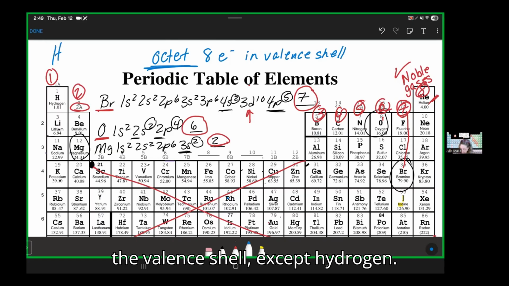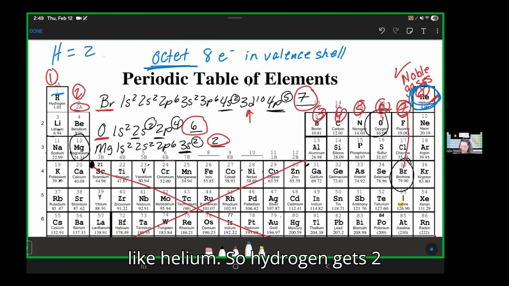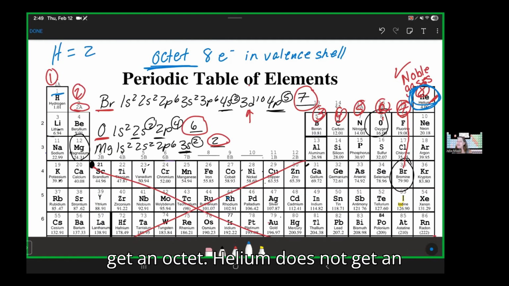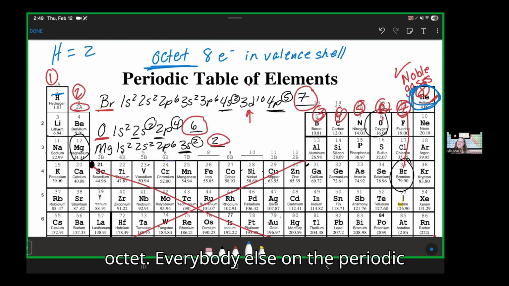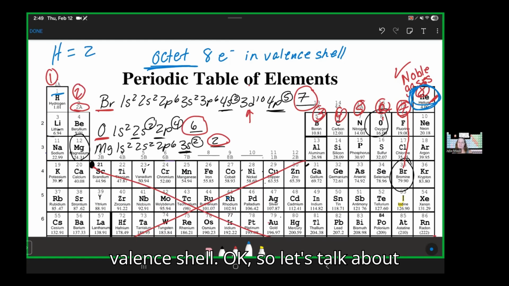Hydrogen is perfect with 2 electrons like helium. So hydrogen gets 2 electrons maximum. Hydrogen does not get an octet. Helium does not get an octet. Everybody else on the periodic table gets an octet, 8 electrons in the valence shell. Okay, so let's talk about what all of this means.